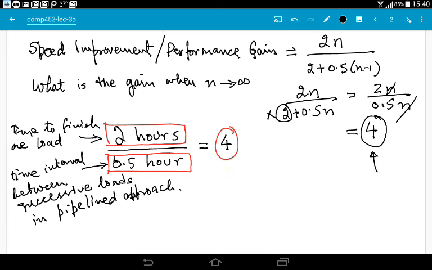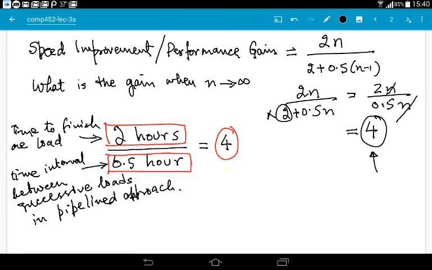So at present we have completed our very basic general introduction to pipelining, and we have seen how pipelining improves the throughput by overlapping the instructions.